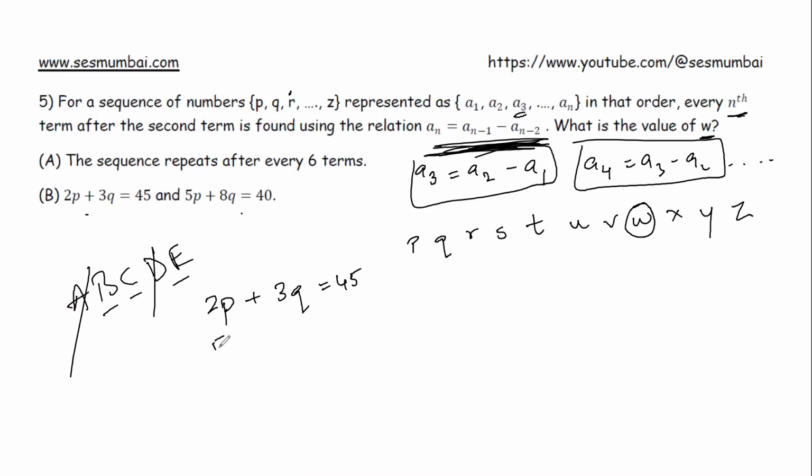And then we have 5P plus 8Q is equal to 40. So we'll try and multiply the first one by 2.5. Why are we multiplying the first one by 2.5? It's an elimination method.